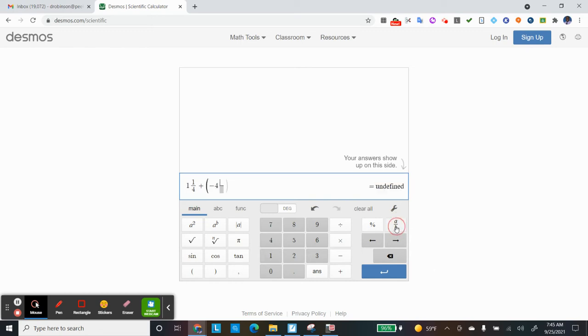So get that fraction button going again. 1, go down, 5, and move over. Now plus, and I should have put the parenthesis there, but it goes in automatically. Plus, parenthesis again, negative 2 3/5. So negative 2, get the fraction button, and 3, move down, 5. Whew, that was a lot.